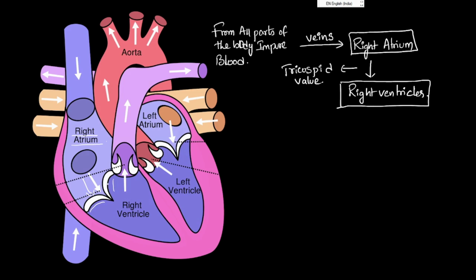As the blood from the right atrium is pumped into the right ventricle by opening this tricuspid valve, during the closing of the tricuspid valve it makes a sound known as the lub sound, which is the first sound of the heart. From the right ventricle, this impure blood will be pumped to the lungs.